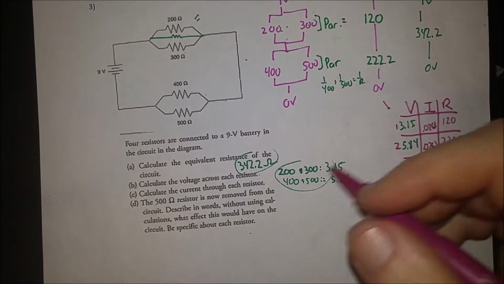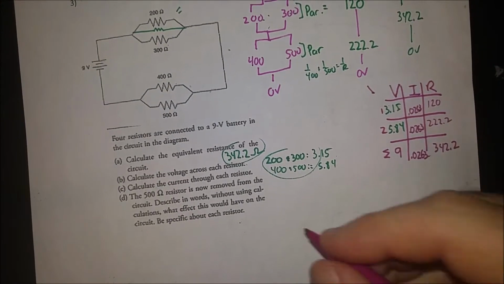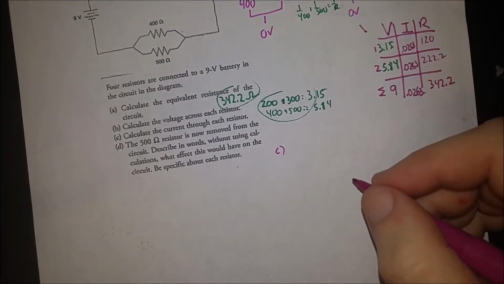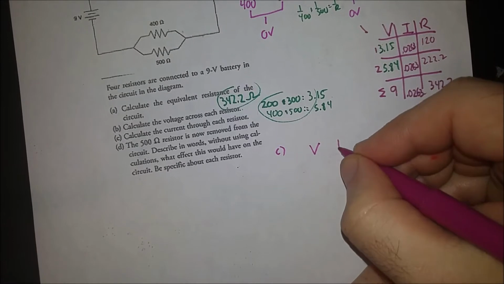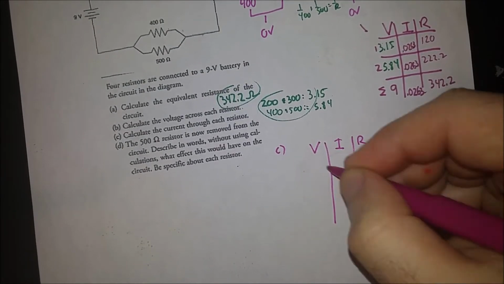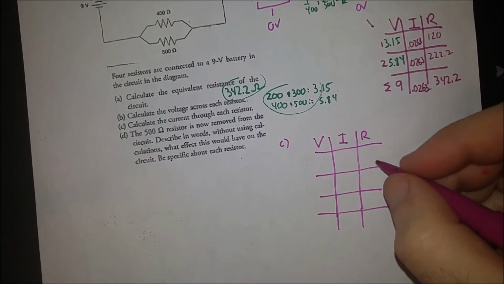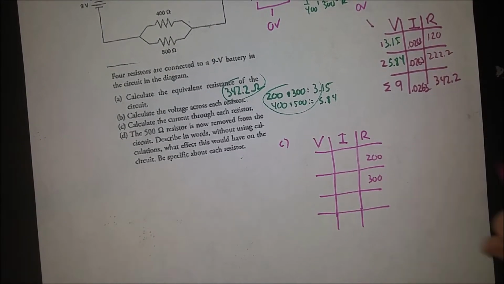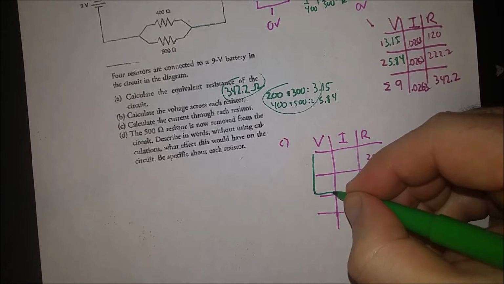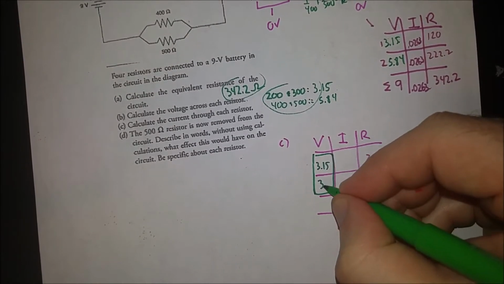But now I've got to find the current through each. Is the current through each one going to be 0.0263? No, that's the combination of them. So I'm going to make a new table here just to kind of expand outwards. And I'm going to draw on the different resistances, 200, 300, 400, 500. Now the 200, 300 share the same voltage.